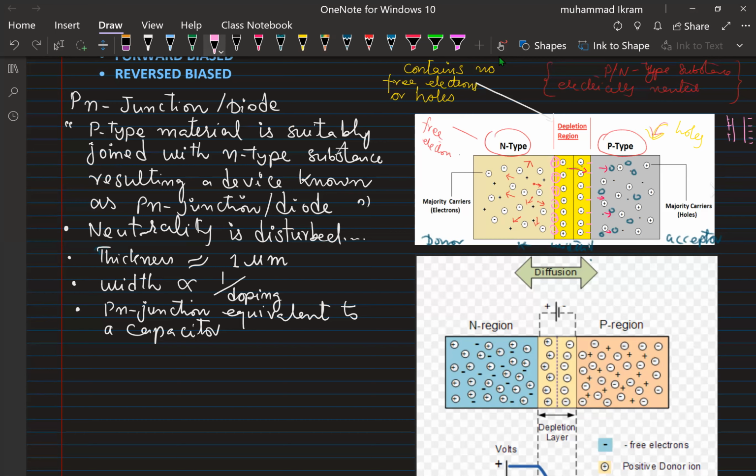Now this region, once the positively and negatively charged layers develop across the junction, this is the negatively charged layer, and this is the positively charged layer.